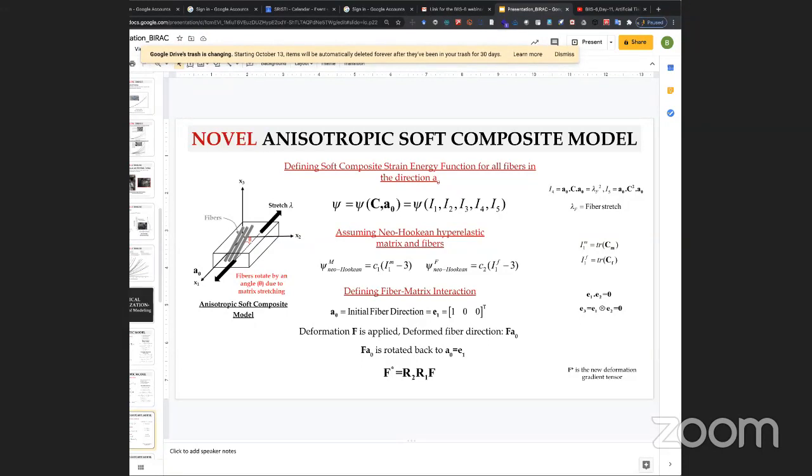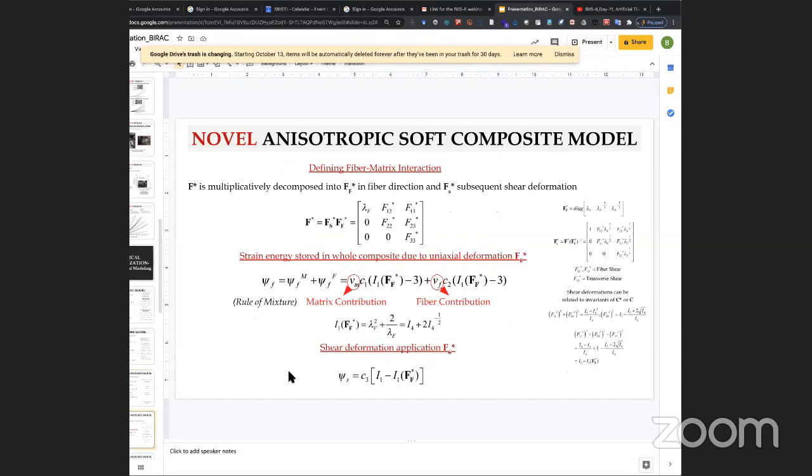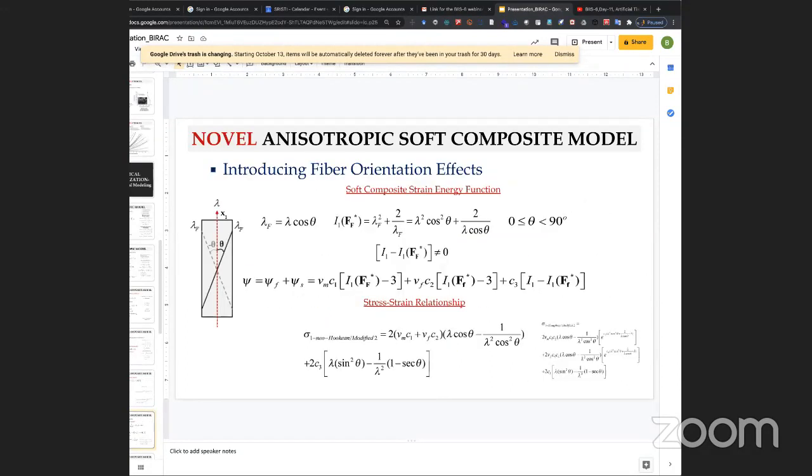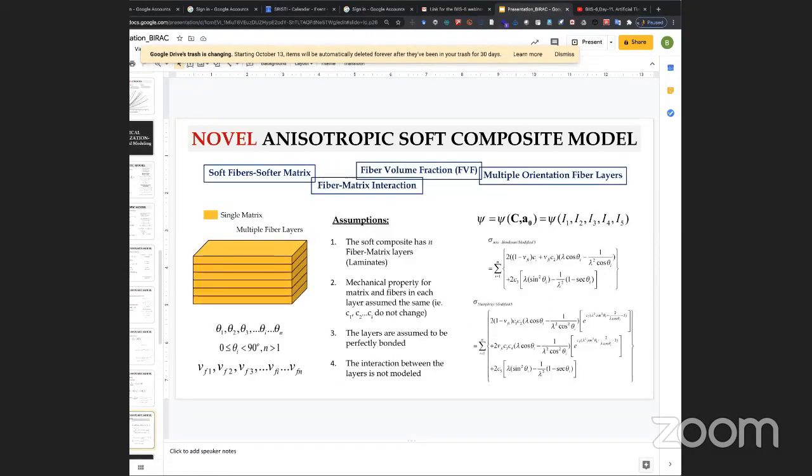Can we skip 2-3 slides? Yeah, one more slide please. Let's look at this one. I don't know why the fibers are not visible, but here we are basically looking at a soft tissue which has multiple layers, and every layer has a different fiber orientation. I think it's the version of Windows maybe, but I'll give you the concept.